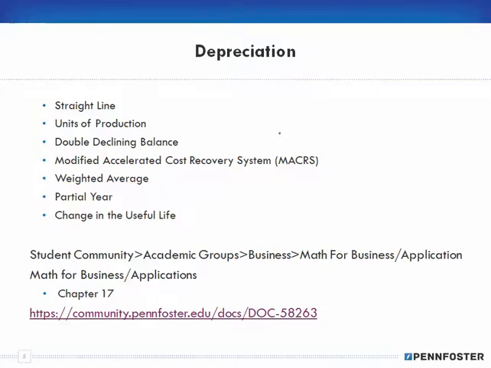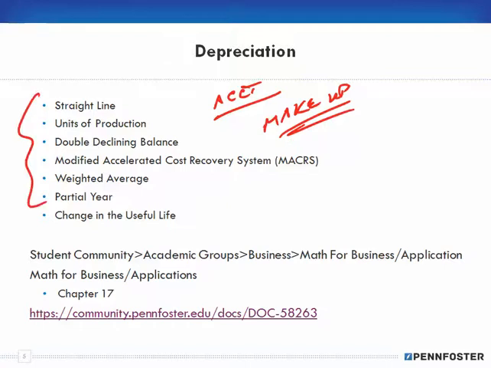Also, everybody just be aware that from an accounting perspective, an accountant can make up a depreciation method, just out of the clear blue sky. They don't have to use these methods, right?